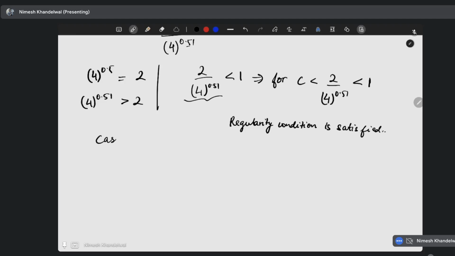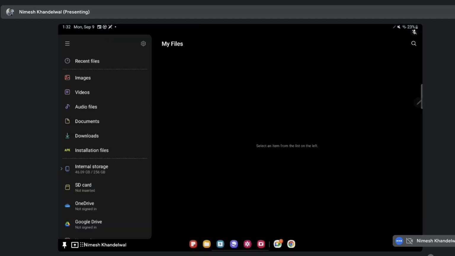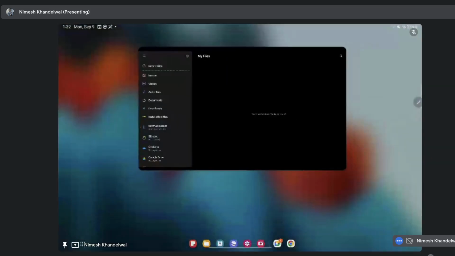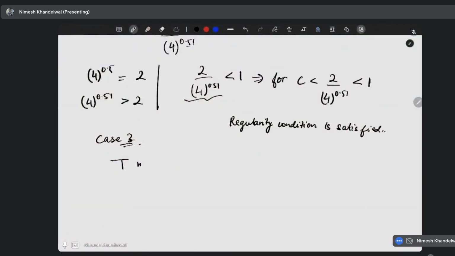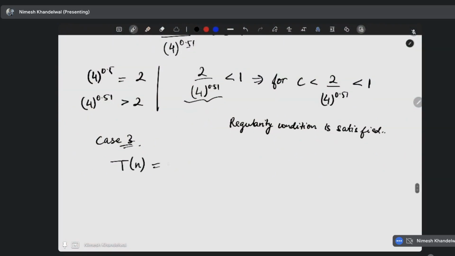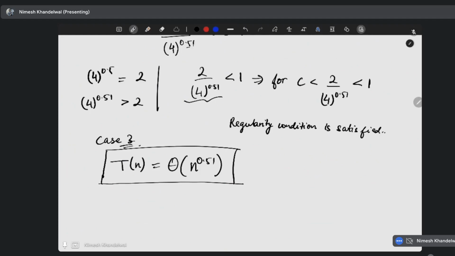So it means that this is case 3 definitely, and we can write the time complexity as similar to the time complexity of f(n).